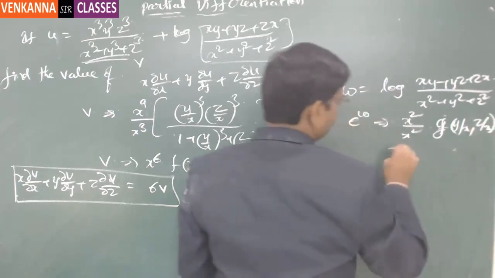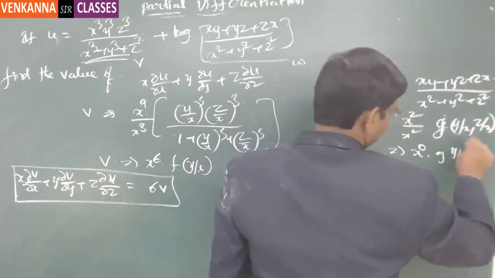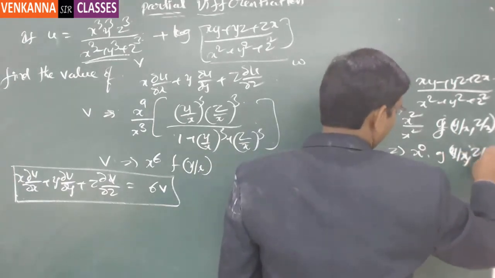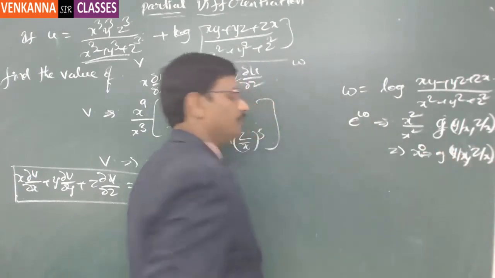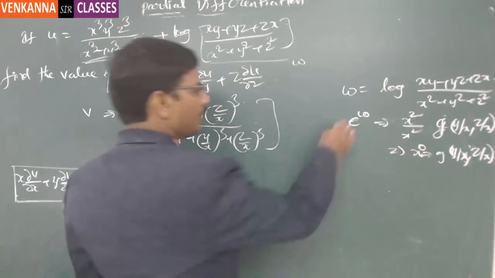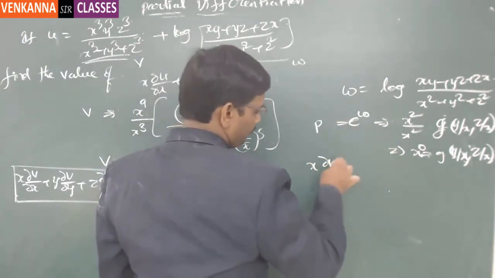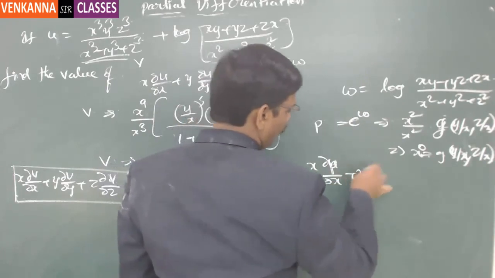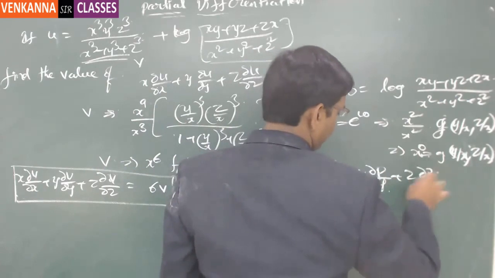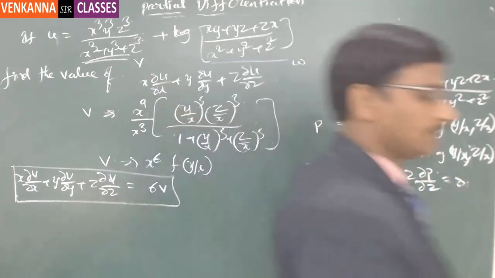Now this is x power 0 into g of y by x, z by x. Now this is power 0, so n is equal to 0. Then if I call e power w as p, then x ∂p/∂x plus y ∂p/∂y plus z ∂p/∂z is equal to 0. Right? So this is equal to 0.